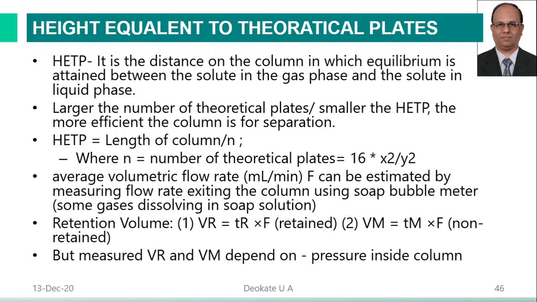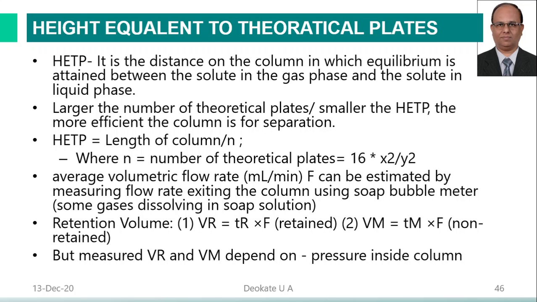Generally, this resolution is measured in terms of the height equivalent to the theoretical plate. So what is HETP? It is the distance on the column in which equilibrium is attained between the solute in the gas phase and the solute in the liquid phase. This height equivalent should be minimum to get maximum efficiency of separation, because then the maximum number of theoretical plates can be kept in the column.